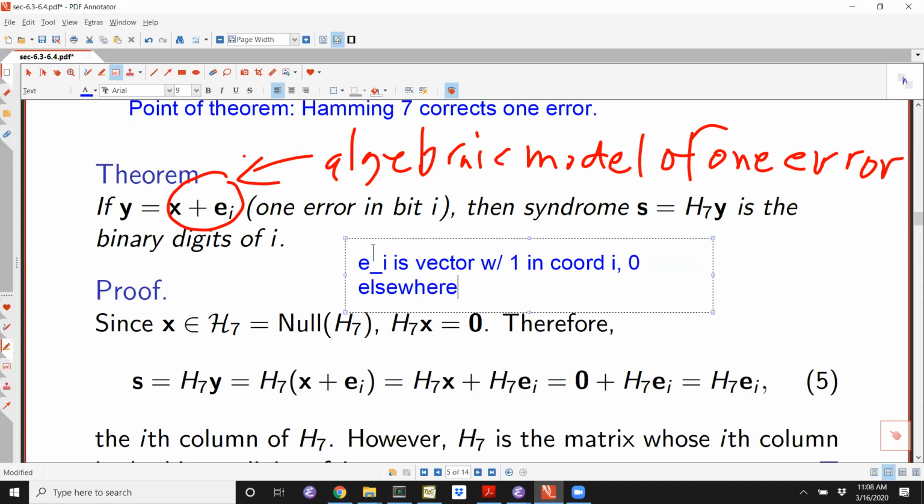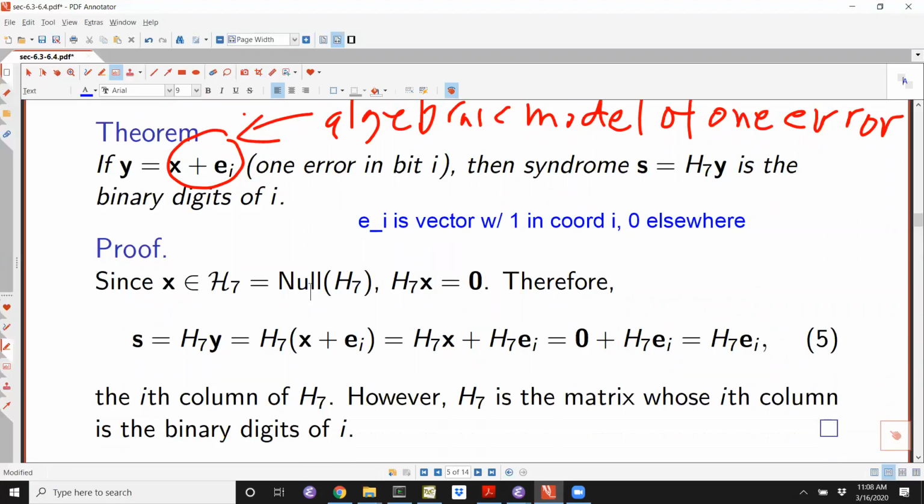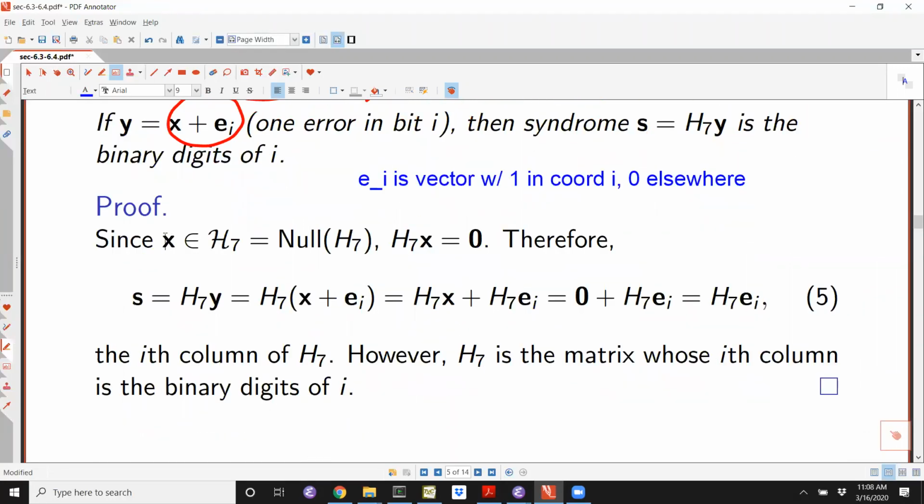And now let me fix that box. All right, so here's the proof. Proof is, since the transmitted code word X is in Hamming 7, which is the null space of capital H7, by definition, as we were just talking about with Ryusei, capital H7 times X equals 0.